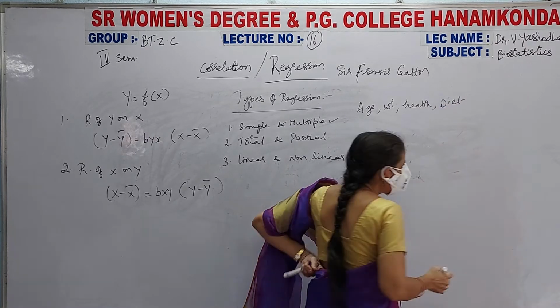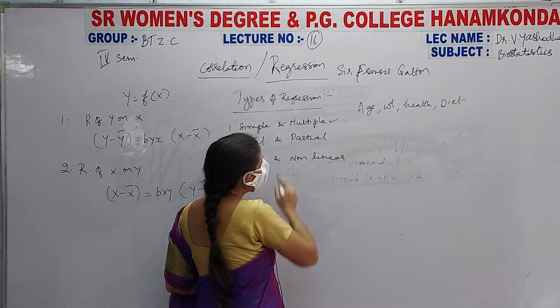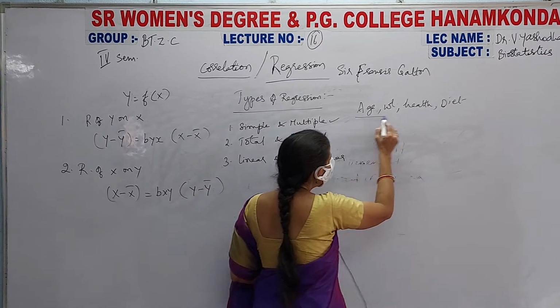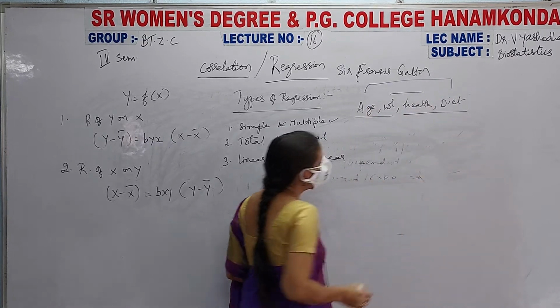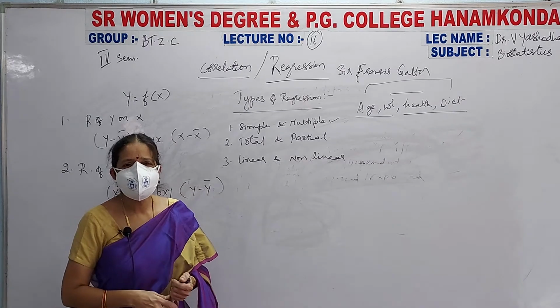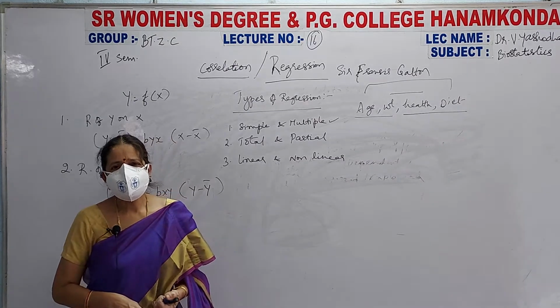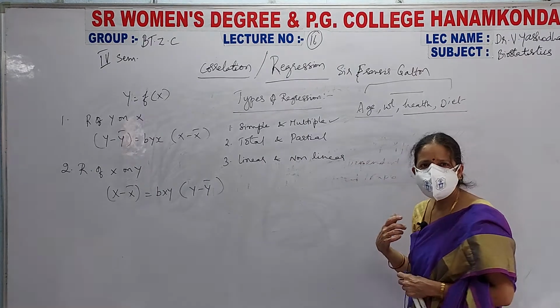These are the four different variables of a child. Simple regression means at a time only two variables are taken into consideration and calculated, and the average relationship between these two variables is calculated.